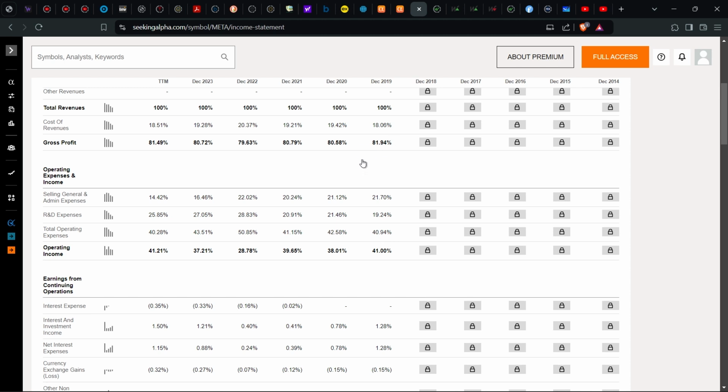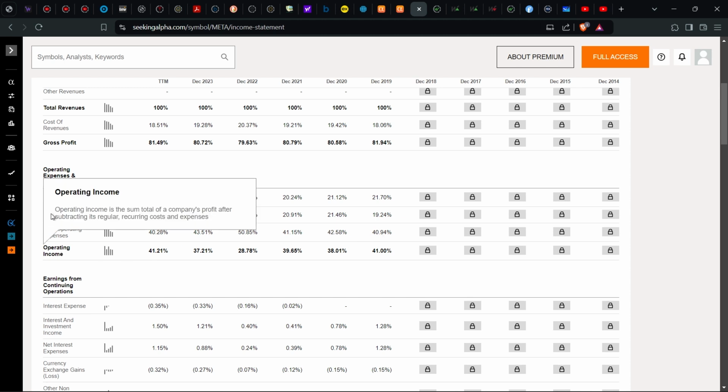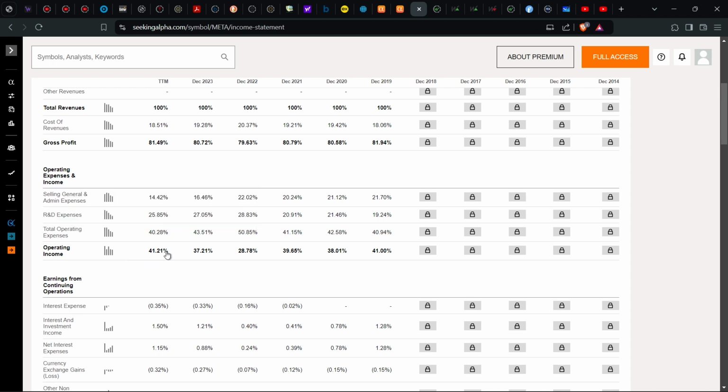But if it's bigger, it's a problem because it reduces the operating income. The operating income is the sum total of a company's profits after subtracting its regular recurring costs and expenses. So this 41 is after you have deducted the total operating expenses from the gross profit. Okay, because 81 minus 40 is going to give you 41, right?